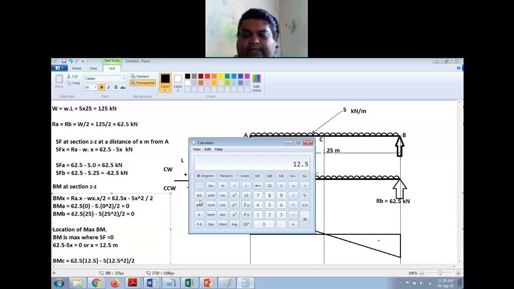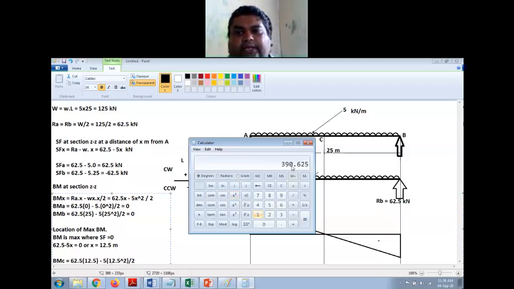Now let us calculate this. 62.5 into 12.5 minus 5 into 12.5 square by 2.